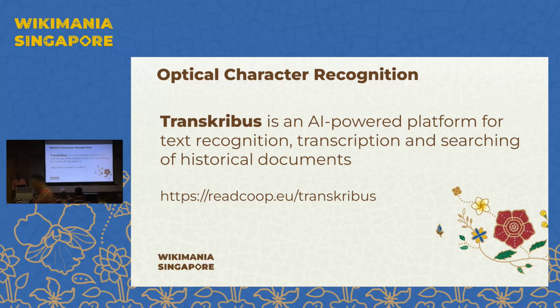There is also another optical character recognition system called Transkribus, used in Wikisource recently. It's specialized for historic document transcription, especially when the text was written a long time back, sometimes handwritten or on palm leaves.